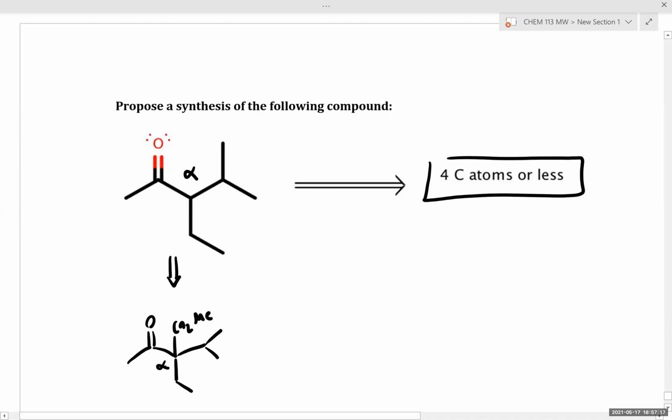We can go through the alkyl halide, sure. Would you like to draw that out? Would you be able to draw out the starting materials that you'd use for that then? Or at least show what carbon-carbon bonds we're breaking?